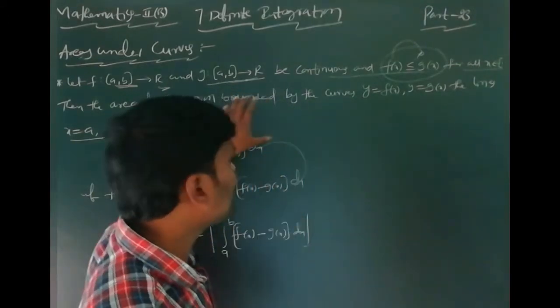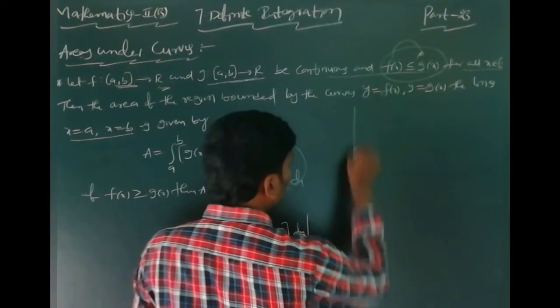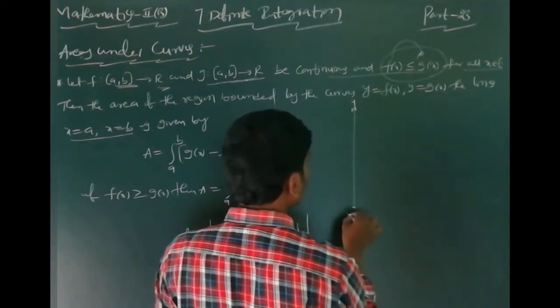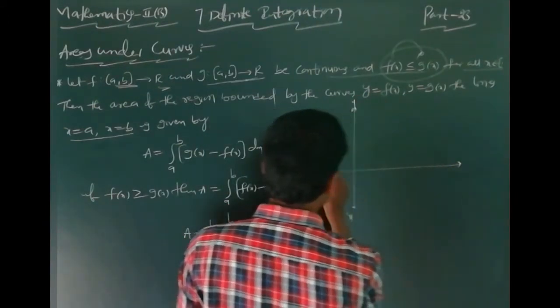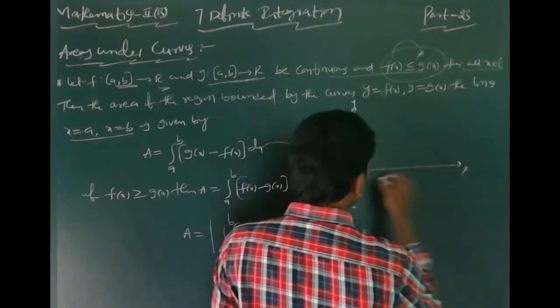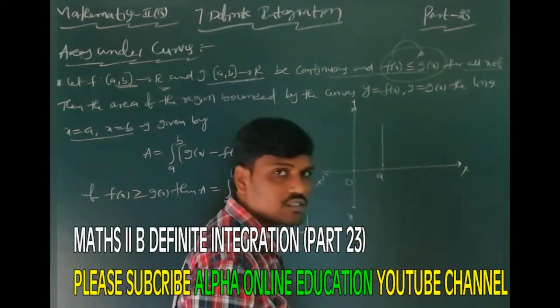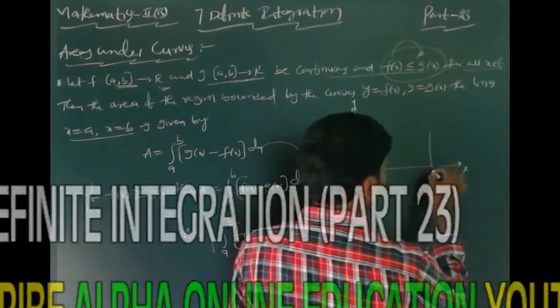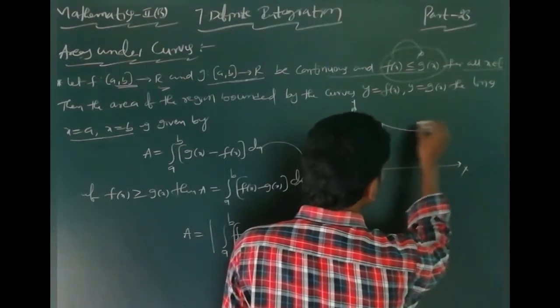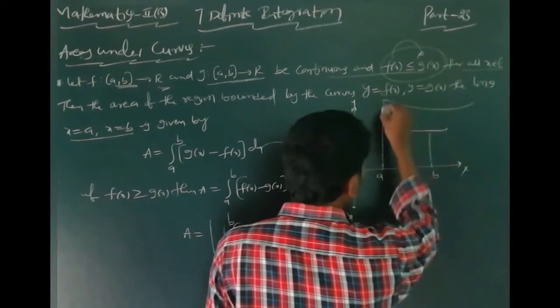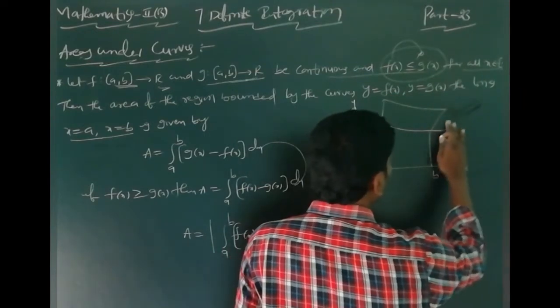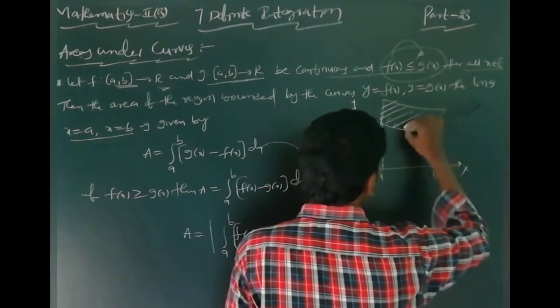What is the graph of this curve? Suppose this is the y-axis, this is the x-axis, this is the origin, this is x is equal to a, and this is x is equal to b. This is the first curve, this is the other curve, and this is the area bounded by the curves.